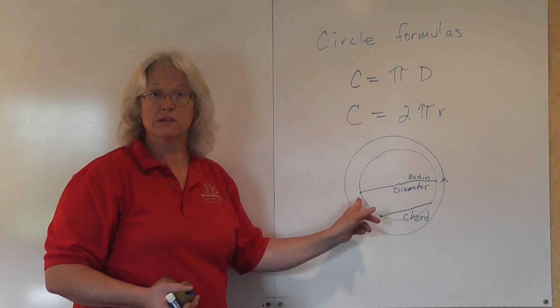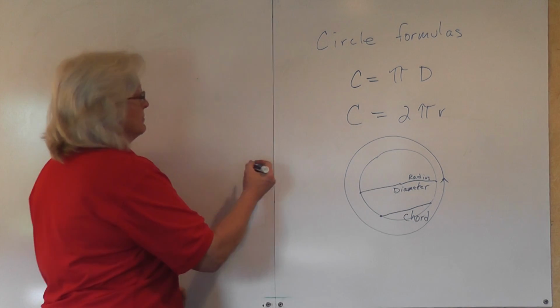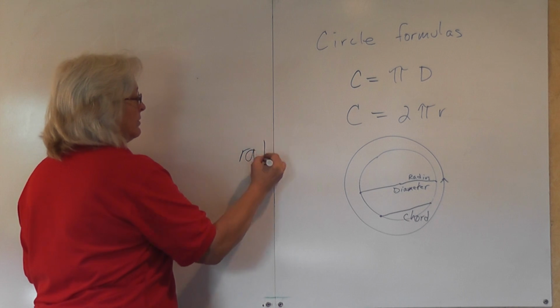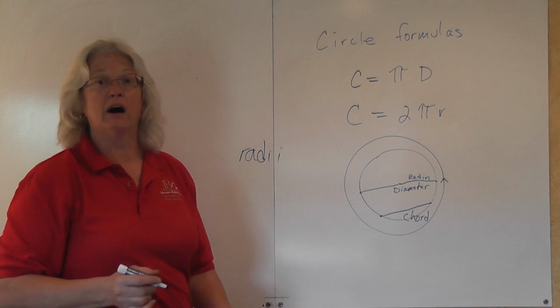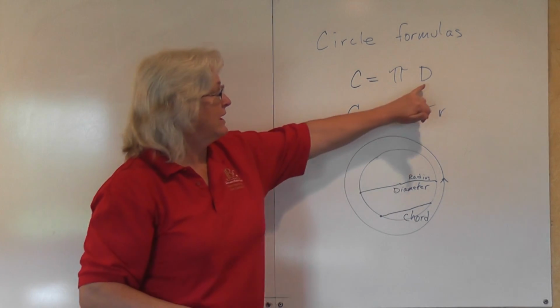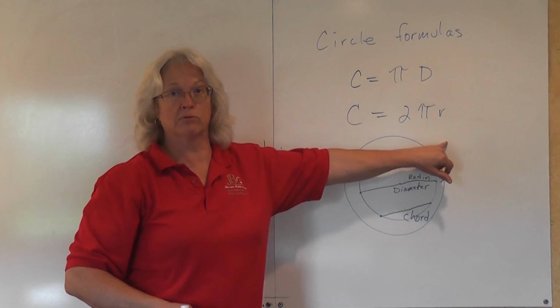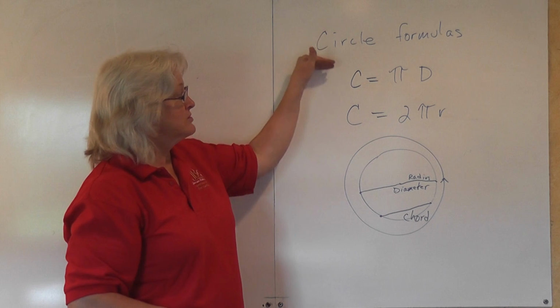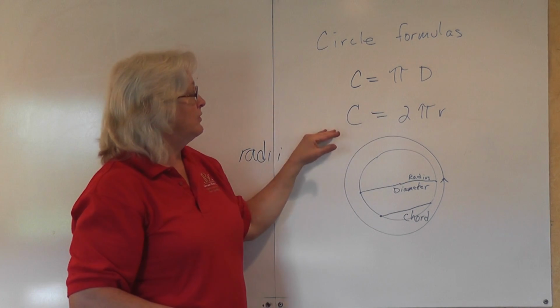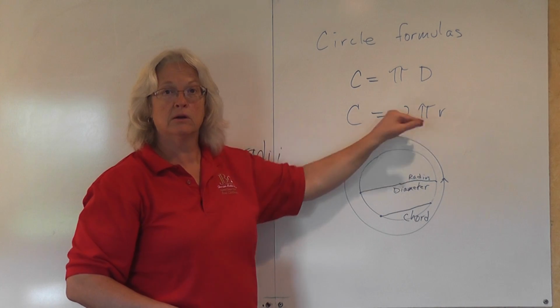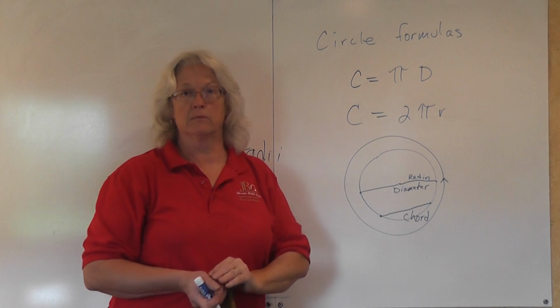It's not radiuses, it's radii. Let me write that vocabulary word for you, radii. It has 2 i's, R-A-D-I-I. So a diameter is the same as 2 times the radius. To find the circumference, if you're given the diameter, it's pi times the diameter. If you're given the radius, it's 2 times pi times the radius.